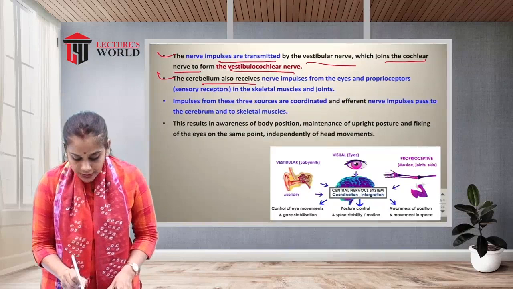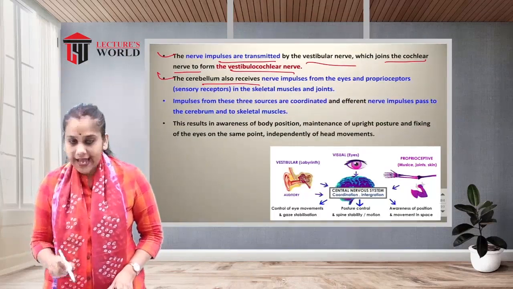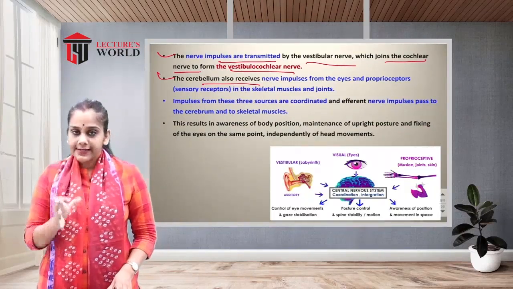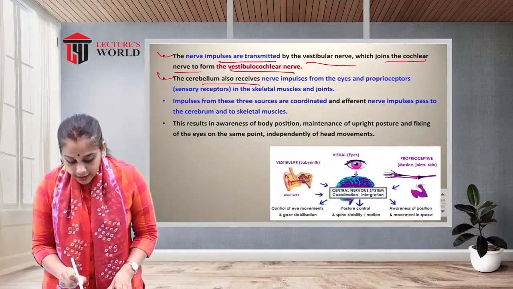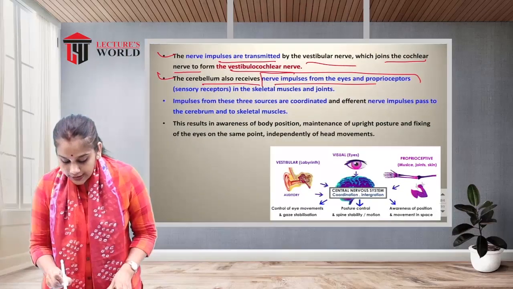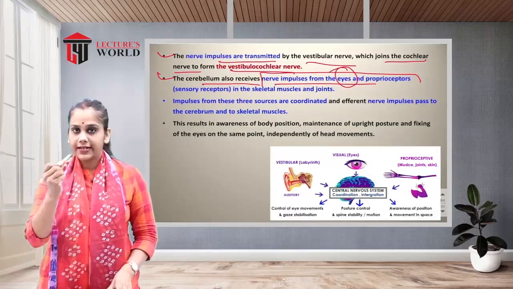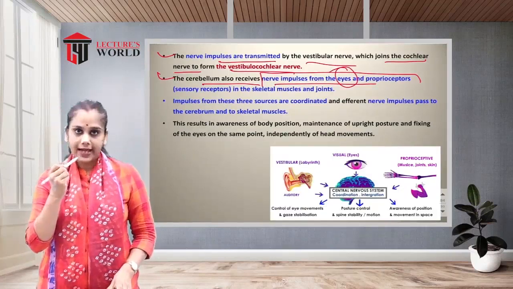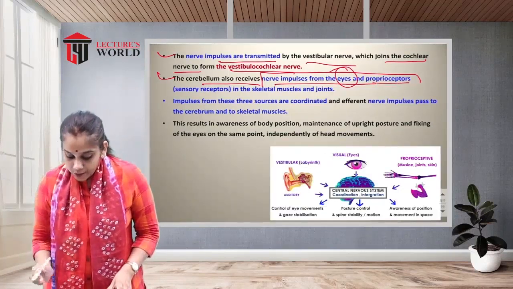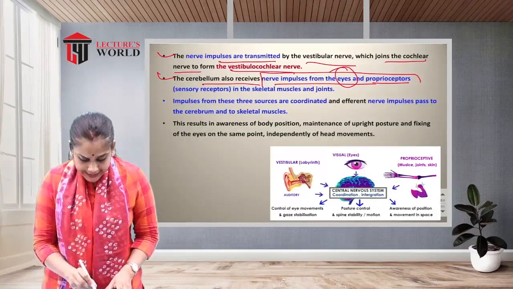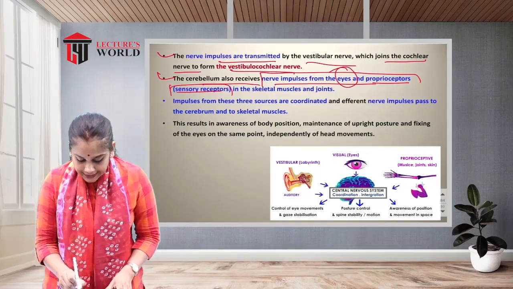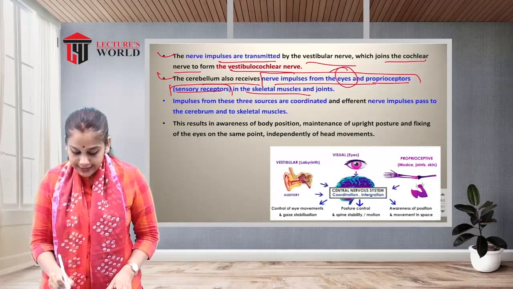The cerebrum also receives the nerve impulses with the help of the vestibulocochlear nerve, and other nerve impulses are generated from the eyes when we are seeing, okay, and from proprioceptors, the sensory receptors located in the skeletal muscles and the joints.